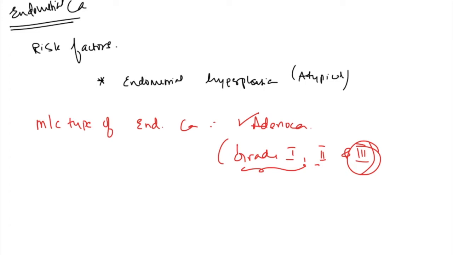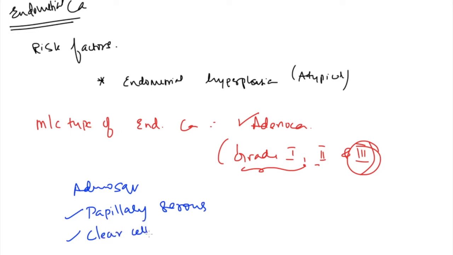Next, there are other types. It's not just adenocarcinoma. You could have the adenosquamous type, where you have a combination of adenocarcinoma and a variety of squamous cell carcinoma. And then we have papillary serous, which is important, along with clear cell adenocarcinoma.